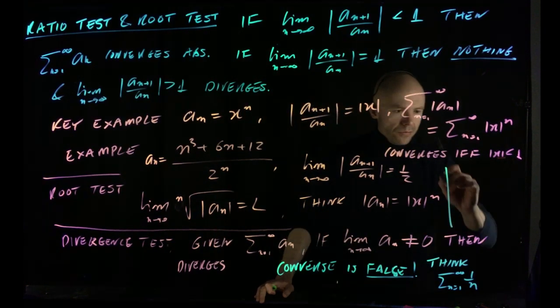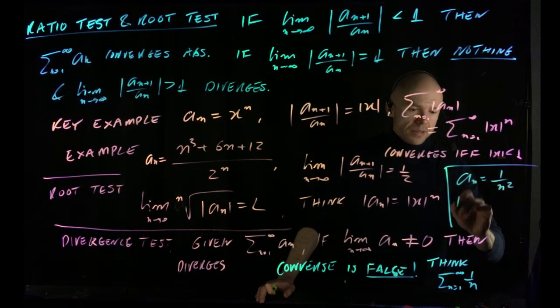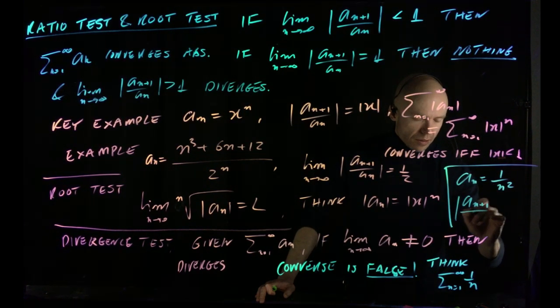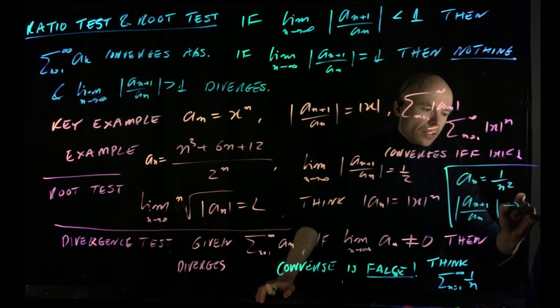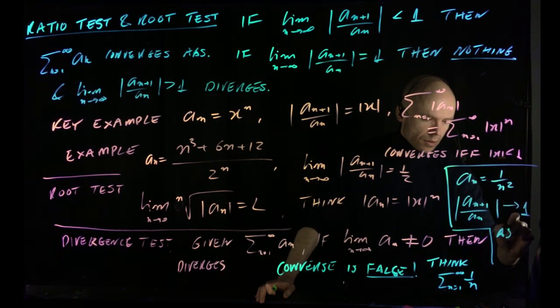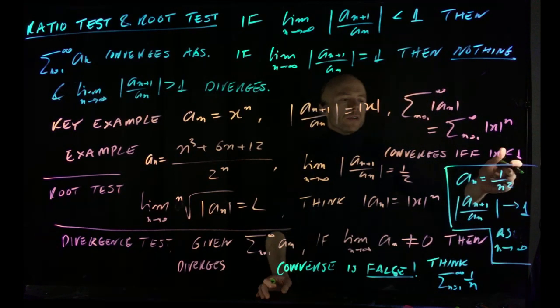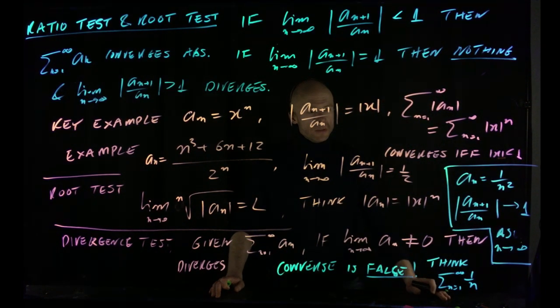So if, for example, we have a_n is 1 over n squared, and we take this thing, again, this is a calculation, do it for yourself, this thing is going to tend to 1 as n goes to infinity. You can almost just see it in your head, right? But it does converge. And if we took a_n as 1 over n, the limit would still be 1.